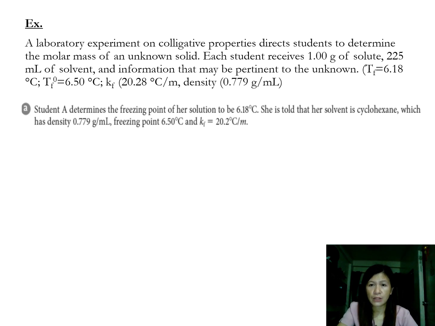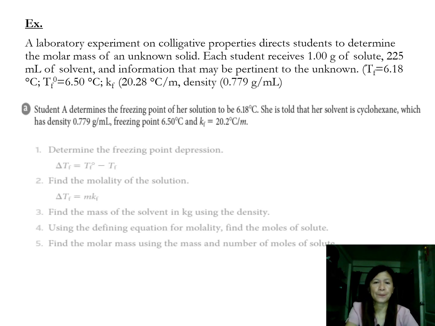She is told then that her solvent is cyclohexane, which has a density of 0.779 gram per ml. Freezing point is 6.50 and freezing point depression constant is 20.2 degrees Celsius per molal.